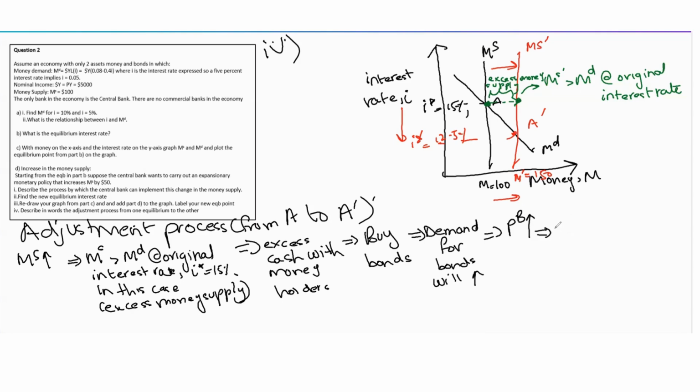As a result, interest rate on bonds will go down. Now, why is that? Because we know the bond price and interest rate on bonds I are inversely related to each other.